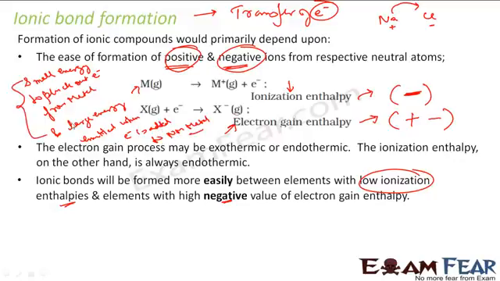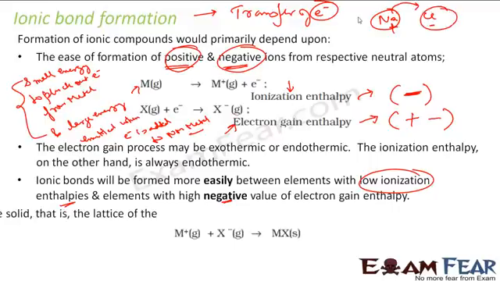If this is the case, it's easy to form a bond. For example, in NaCl, very small energy is required to pluck out an electron from sodium to become Na plus, and it gives energy when it forms Cl minus.